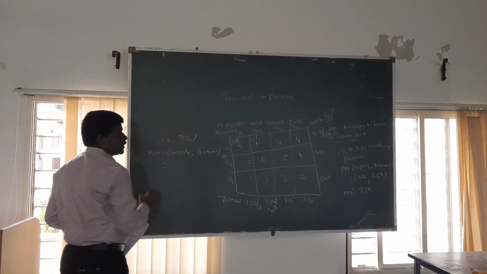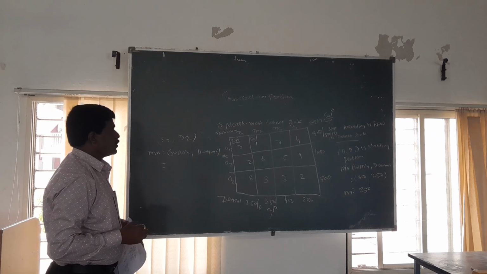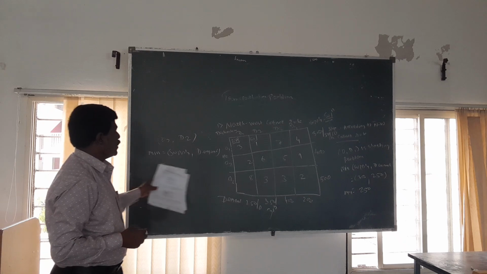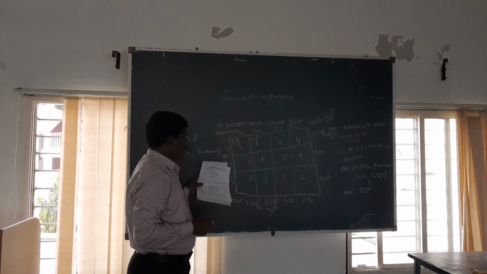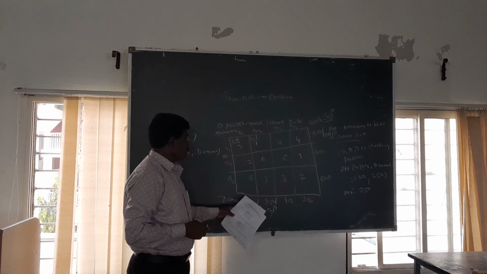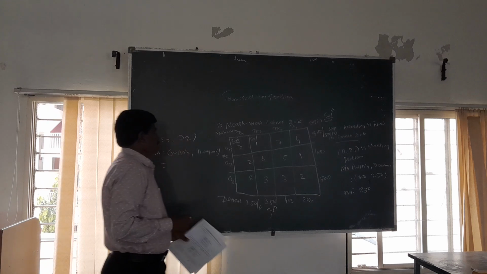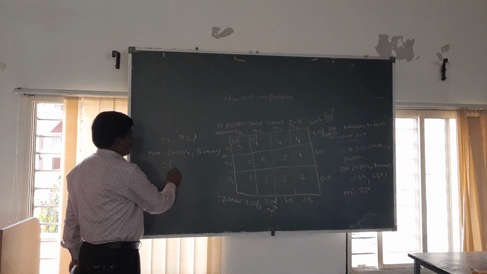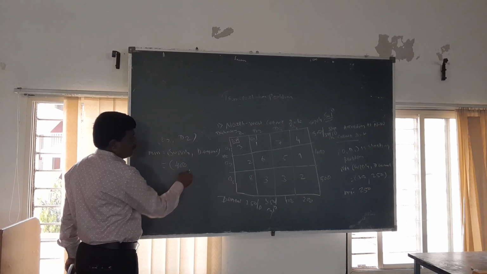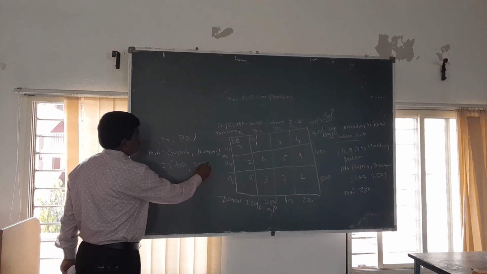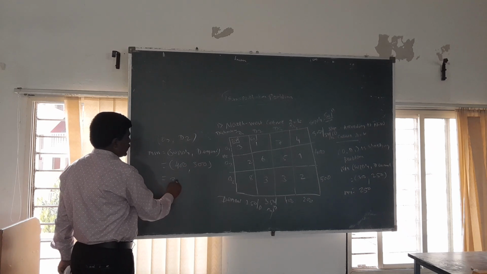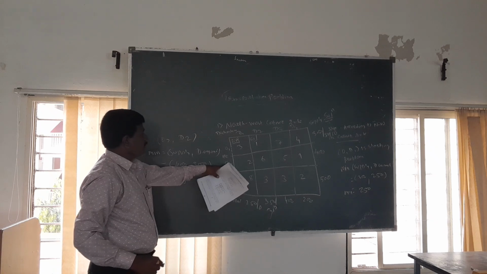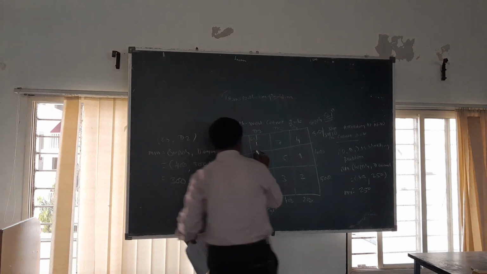The supply at source O2 is 400 and the demand of destination D2 is 300, so we allocate 300 in the cell O2 D2.